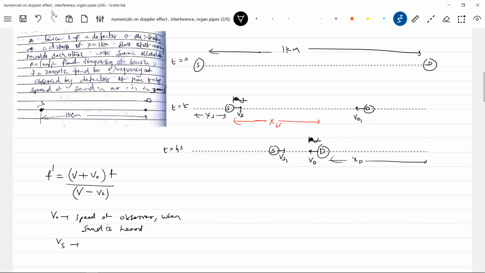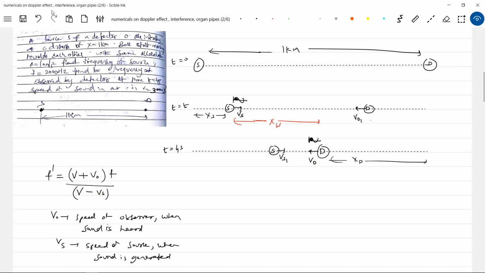What is Vs? Speed of source when sound is generated. In the Doppler effect, what are VO and Vs? Vs is the speed of the source when the signal is generated. VO is the speed of the detector when the signal is detected. Do we know these things?